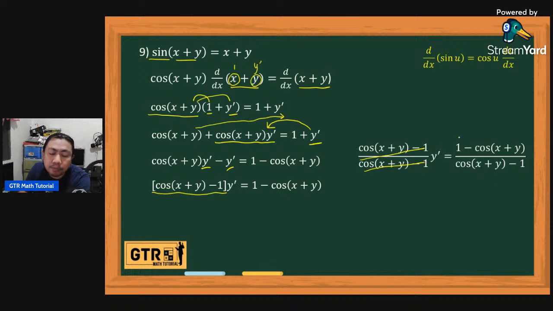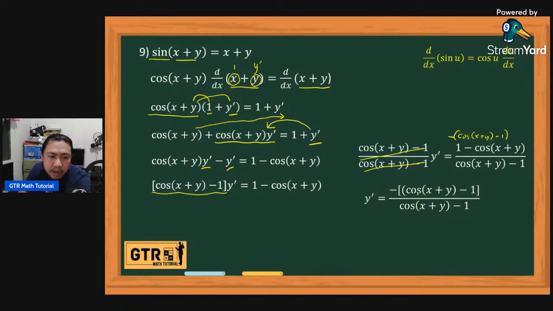If we factor out the negative sign in the numerator, this can be written as negative of negative cosine x plus y. So if we factor out the negative sign, this will become cosine x plus y minus 1, which is now equal to the denominator.